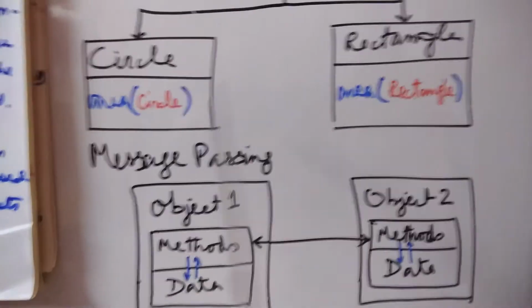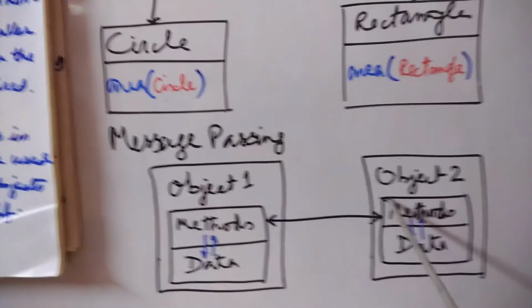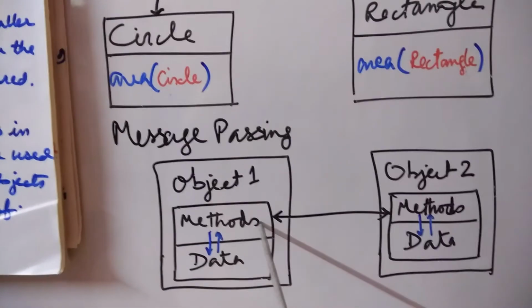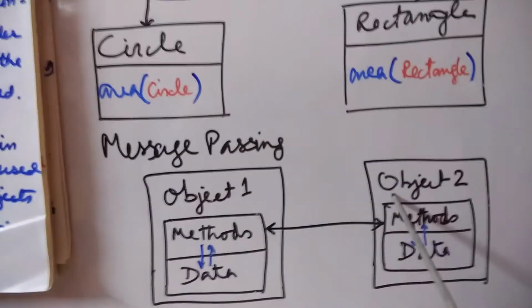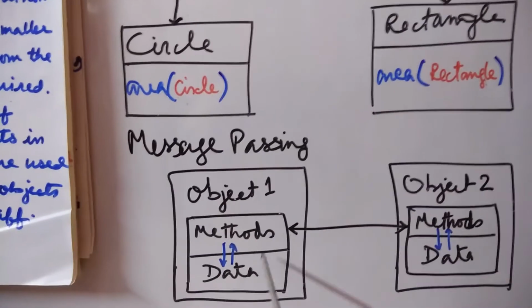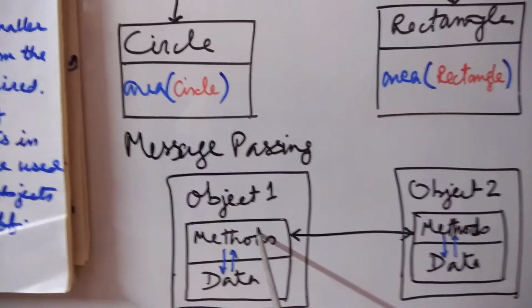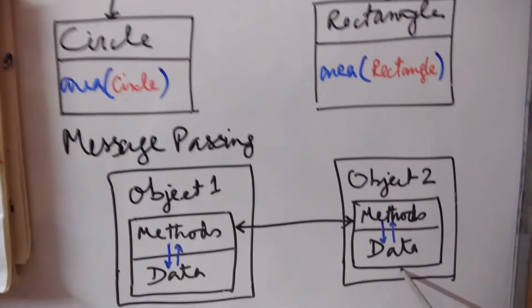What is message passing? Objects communicate with each other. Now how do objects communicate with each other? Objects have methods and data. Methods can only access the data. So both object 1 and object 2 have their own data and methods. So object 1's data can be accessed by object 1's methods. Object 2's methods will access object 2's data.